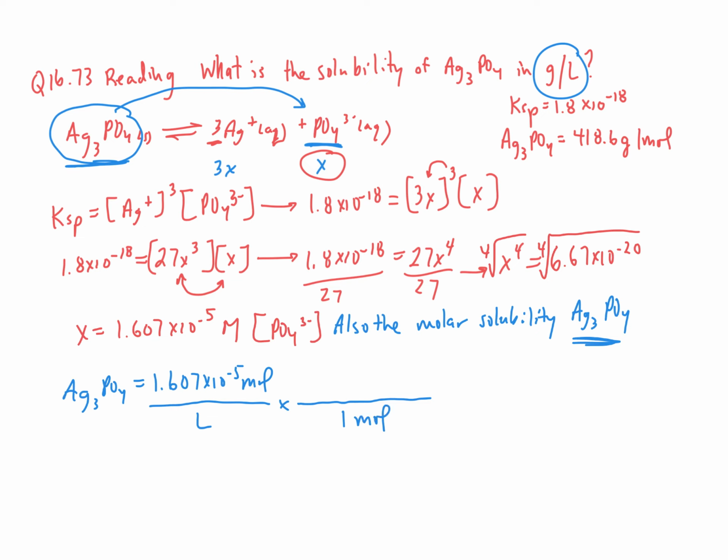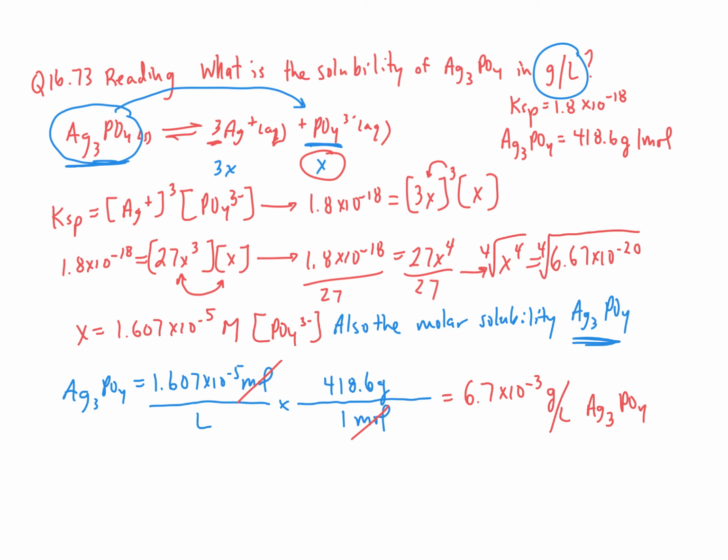Anytime we want to cancel out moles and we're trying to go to mass, we need to use the molar mass. The molar mass tells us for every 1 mole of silver phosphate, I need to have 418.6 grams of silver phosphate. Moles cancel out. I multiply that by 418.6 to get our solubility in grams per liter of approximately 6.7 times 10 to the minus 3 grams per liter of silver phosphate.